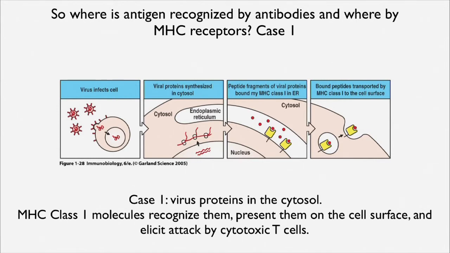The peptide fragments of the viral protein are bound by MHC class I molecules, okay, in the endoplasmic reticulum, and then these bound peptides, so these little chunks of viral protein, are transported and presented at the surface. And they are then recognized, and that cell is attacked by a cytotoxic T cell.